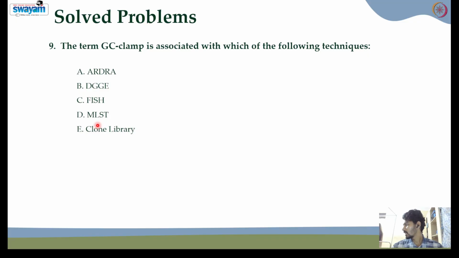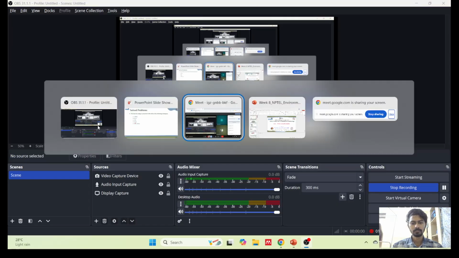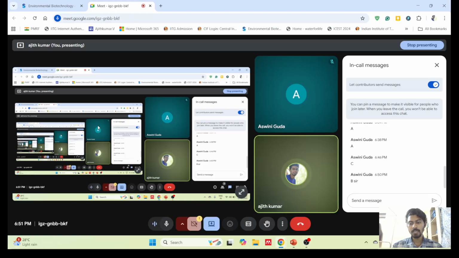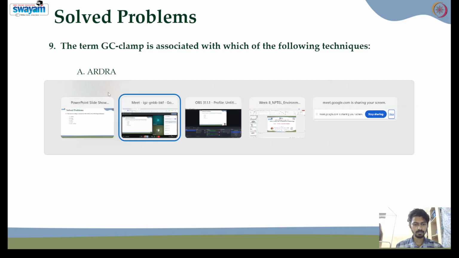This we have seen earlier too, where we have seen exclusively the separation based on melting profile. And your answer is option B. Okay. Option B is DGGE. Okay, let's see the answer now.